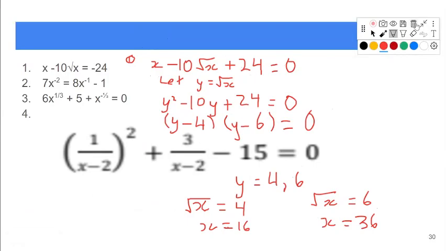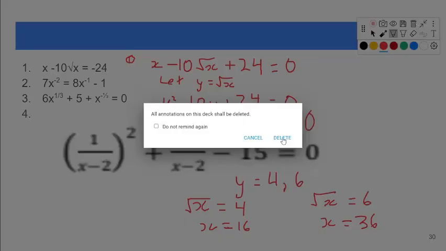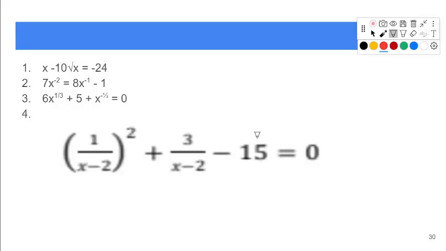Alright, so that's one of the easier questions. So, right, I heard you guys want negative indices, so like things like this negative 2 power thing.